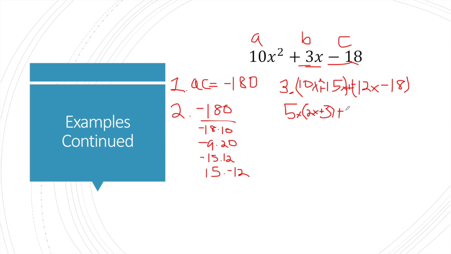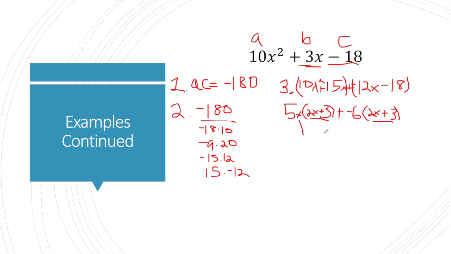No, we don't. So we're going to pull out a factor of negative 6. Okay, that's going to leave me negative 6 times 2x gives me negative 12x. And negative 6 times a positive 3 puts me back at negative 18. So now I know I've done this correctly because both of these are the same.